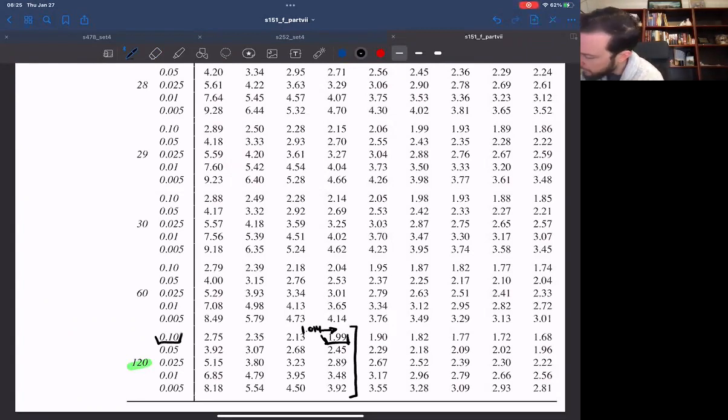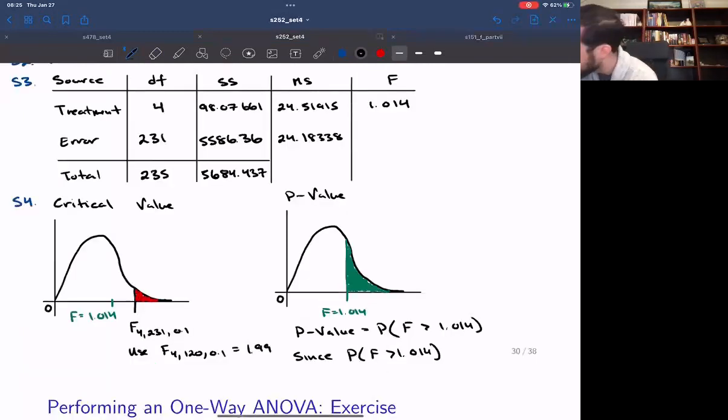So therefore, the area to its right must be greater than 0.1. So since this is greater than 0.1, then the p-value is greater than 0.1.